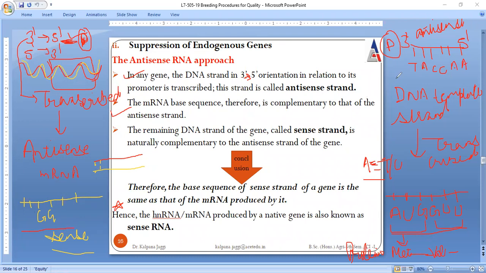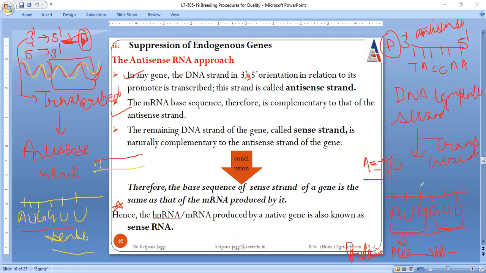So here, if the sequence was T, here it is going to be A only, and here it is going to be U, and similarly here U. Now it should be more clear. See, both the sense strand and the mRNA have the same sequence.